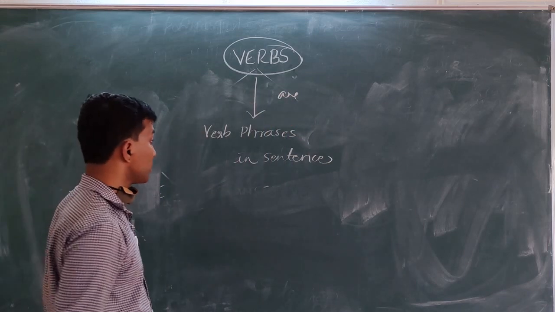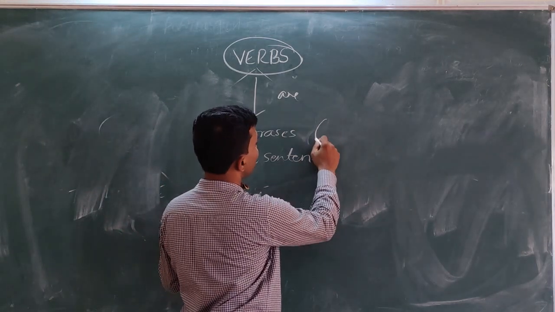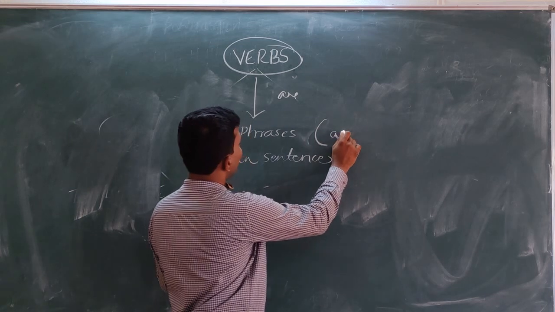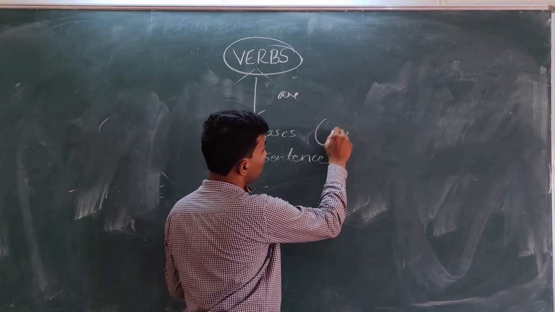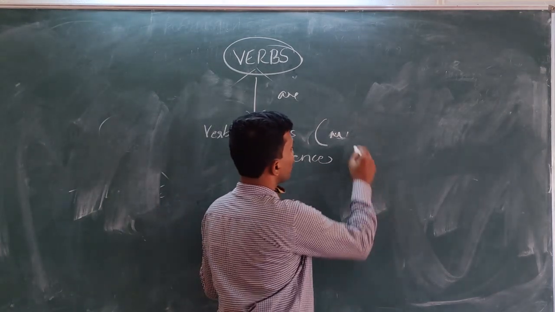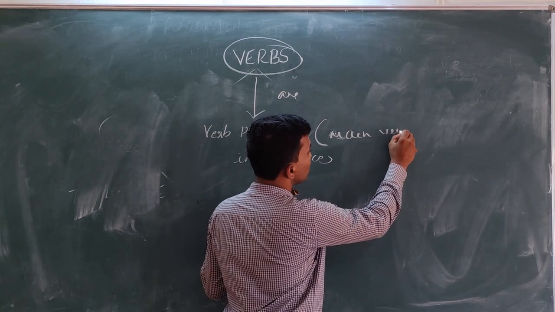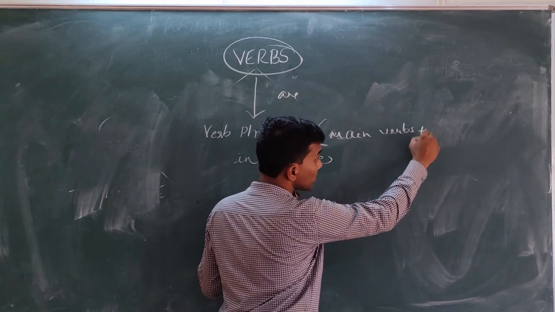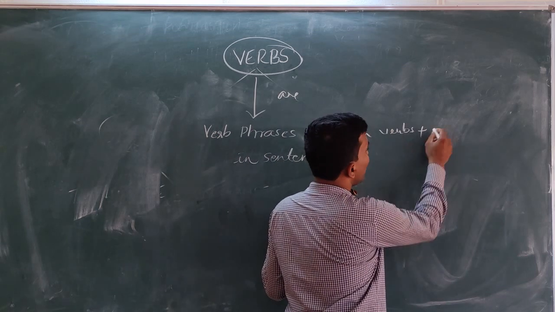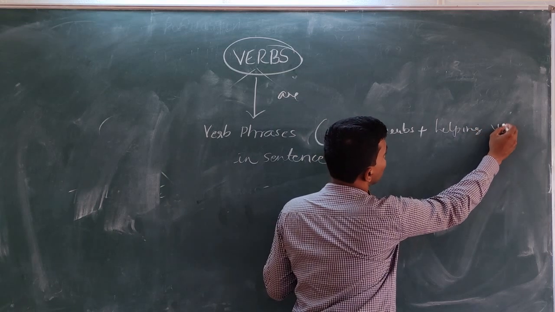What it means is, a verb phrase is a combination of main verbs and helping verbs.